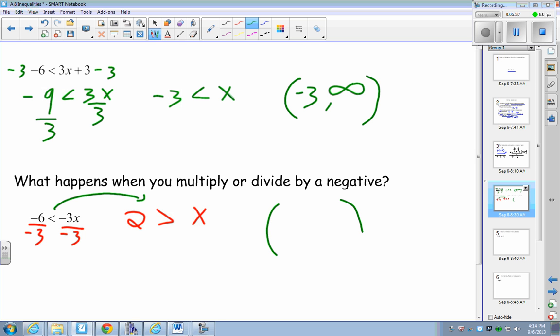And so x is less than 2. So we'll have 2 over here. But x can be anything from -100, just really big numbers. So we'll have negative infinity this time. Negative infinity. Let me just erase that real quick. Negative infinity. Cool.